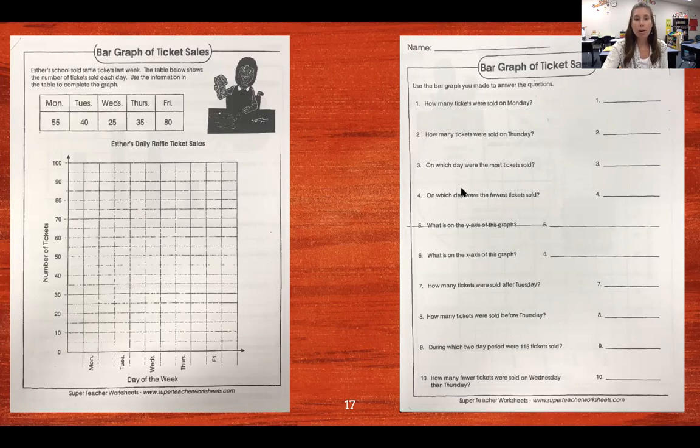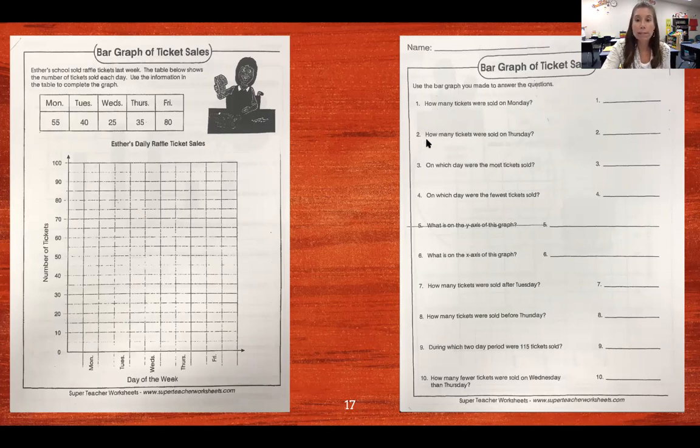Then the second part of this activity, the bar graph ticket sales, you will be answering questions about this graph over here. Use the bar graph you made to answer these questions. Number 1 says, how many tickets were sold on Monday?